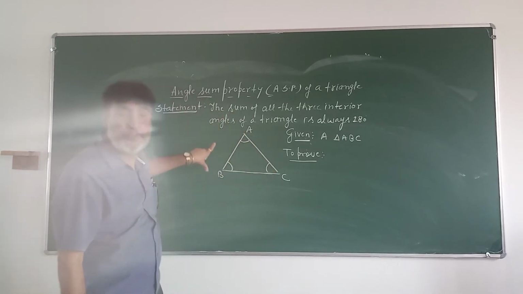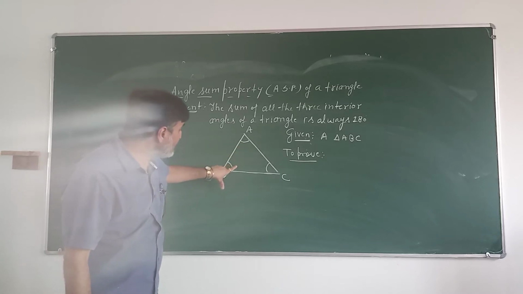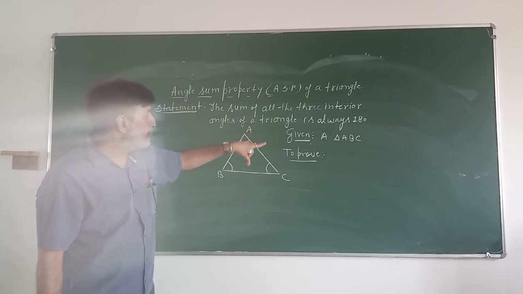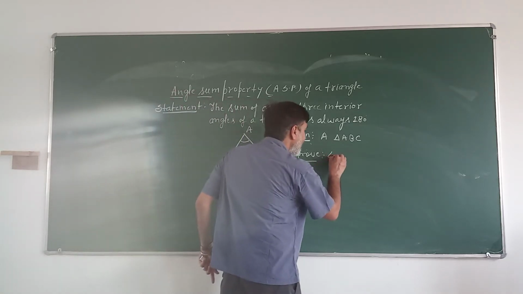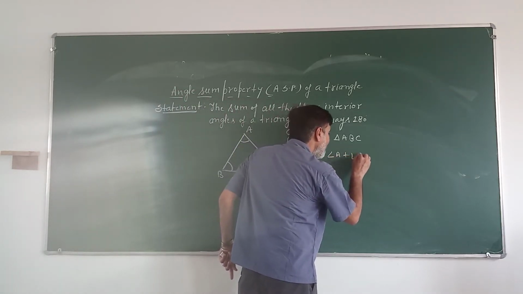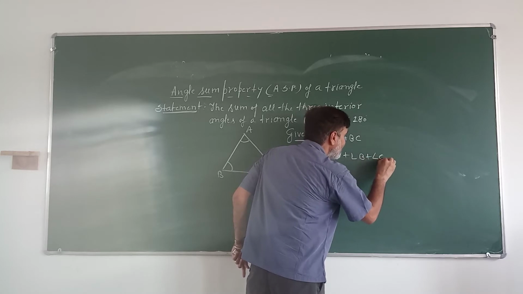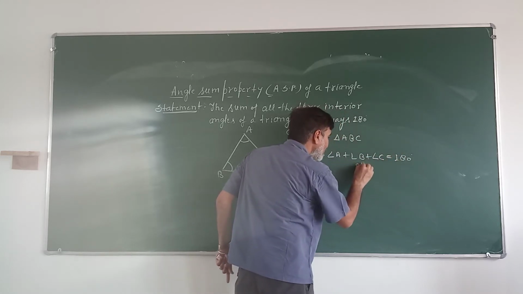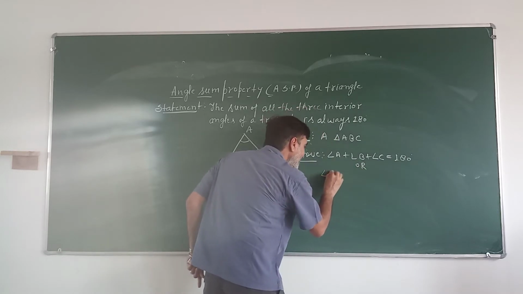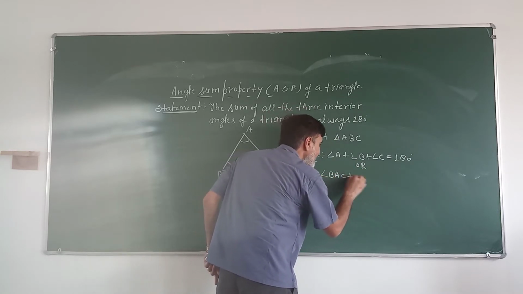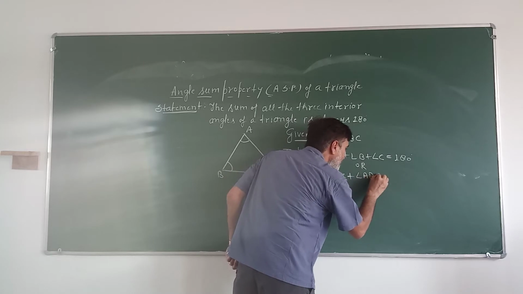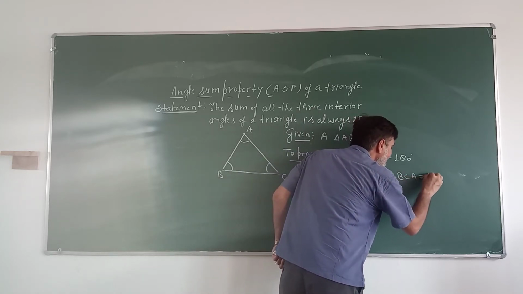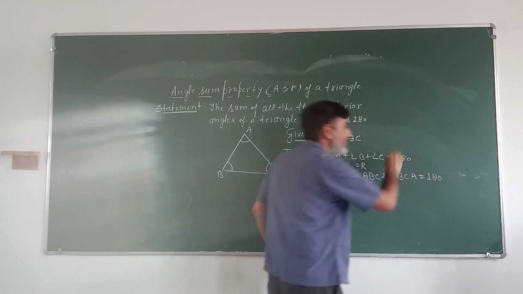Here we want to prove that the sum of all these three interior angles is equal to 180 degrees. So in this step we write angle A plus angle B plus angle C equals 180 degrees, or this can be written as angle BAC plus angle ABC plus angle BCA equals 180 degrees.